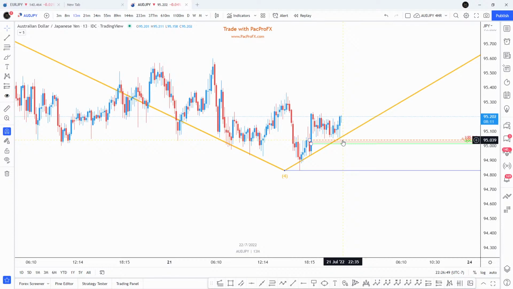When you have these fundamentals, there's no necessary correlation. Just because you got a bad number or a good number in the retail sales does not mean that it's going to go in that direction. Trades do not go in the direction of the fundamental that just came out. What it does is just accelerate what the technical is already going to do.